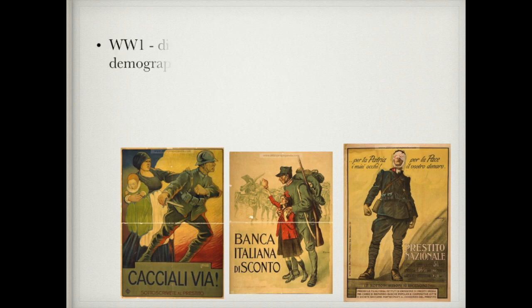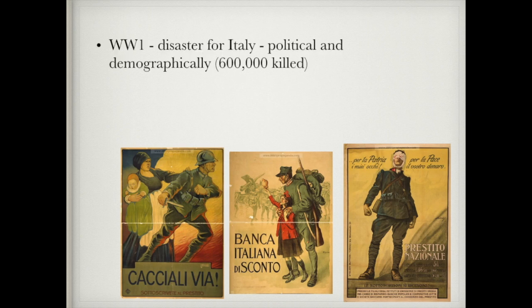Now, World War I goes very poorly for Italy. They're on the winning side of this war, but it is a disaster for Italy politically and demographically. 600,000 people are killed as a result of World War I in Italy.